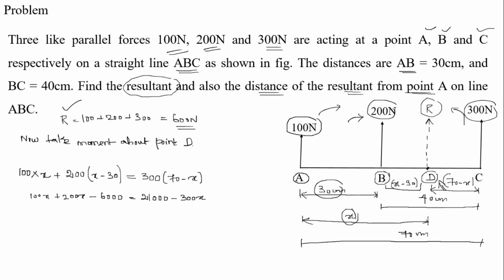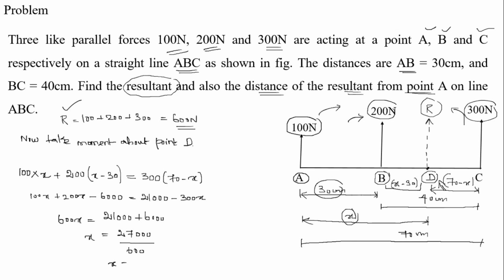Totally 300 plus 200 plus 100, 600x, is equal to 21,000 plus 6,000, which is equal to 27,000. x is equal to 27,000 divided by 600, which is equal to 45.